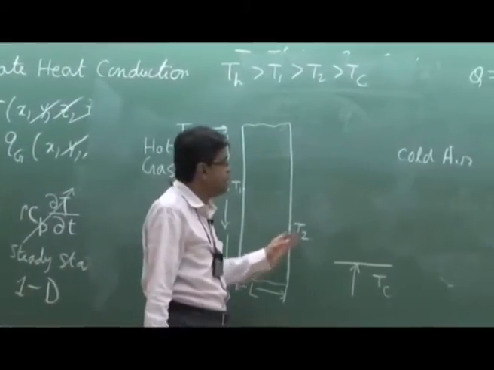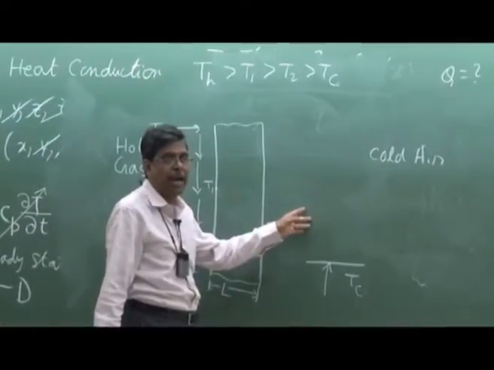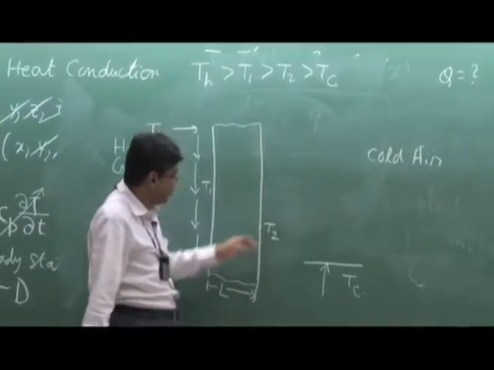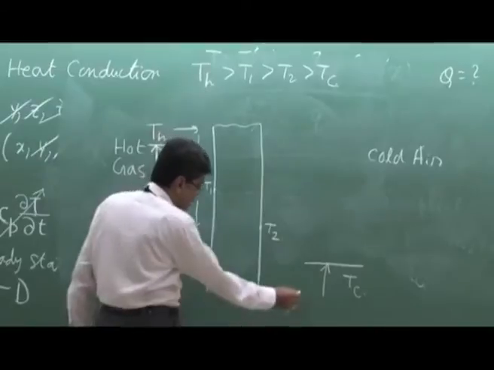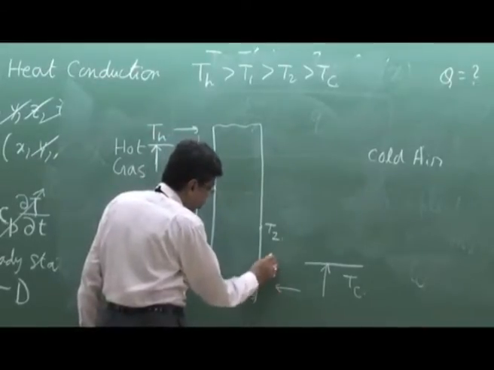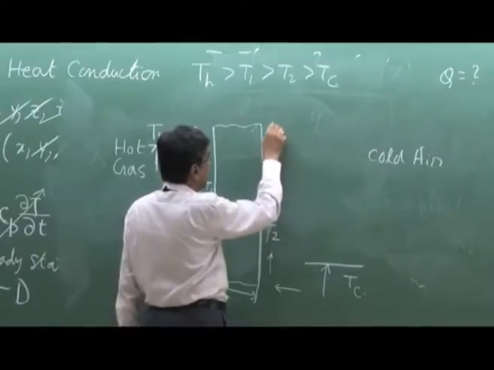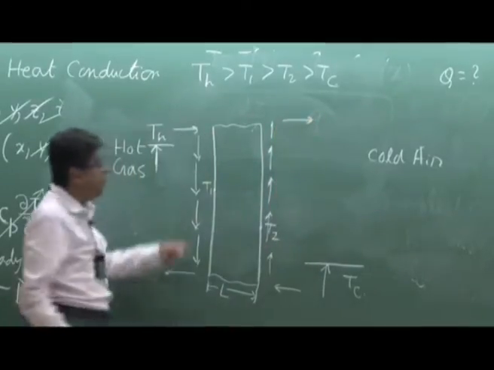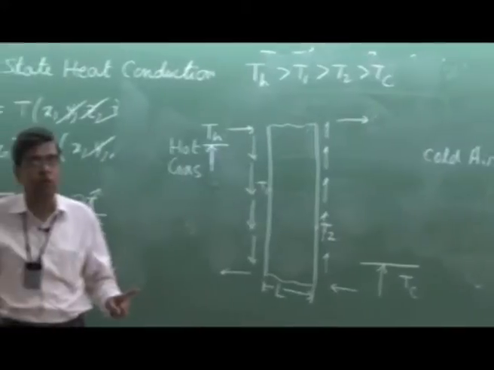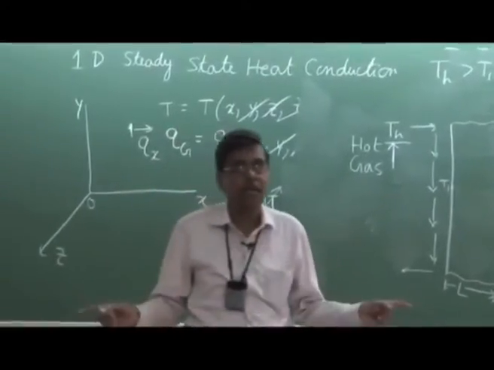Now this is exposed to a quiescent cold air, where this surface is hotter with respect to the cold air. So there will be a natural flow of air due to buoyancy like that. And this flow, even in absence of any forced flow, makes this different from conduction.